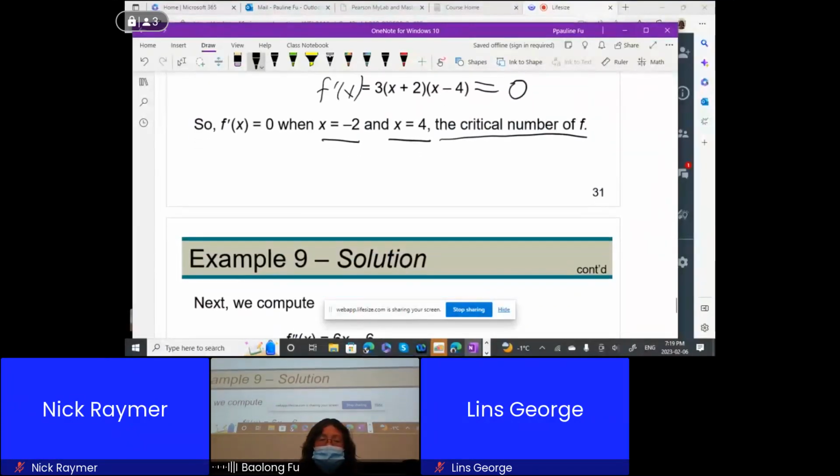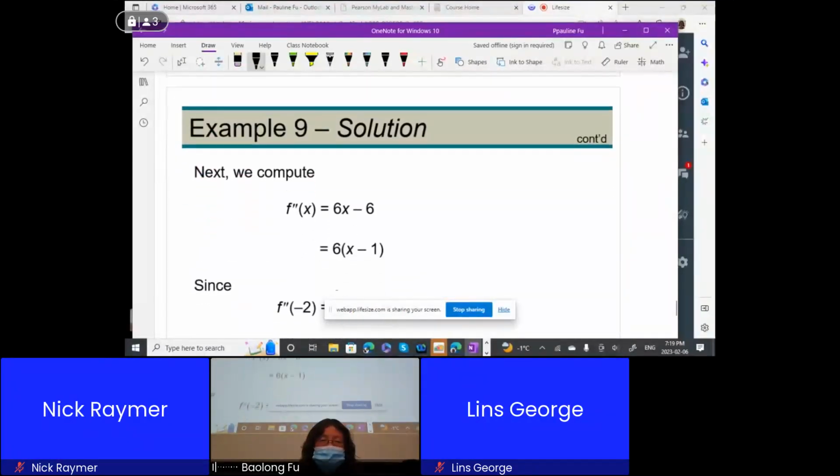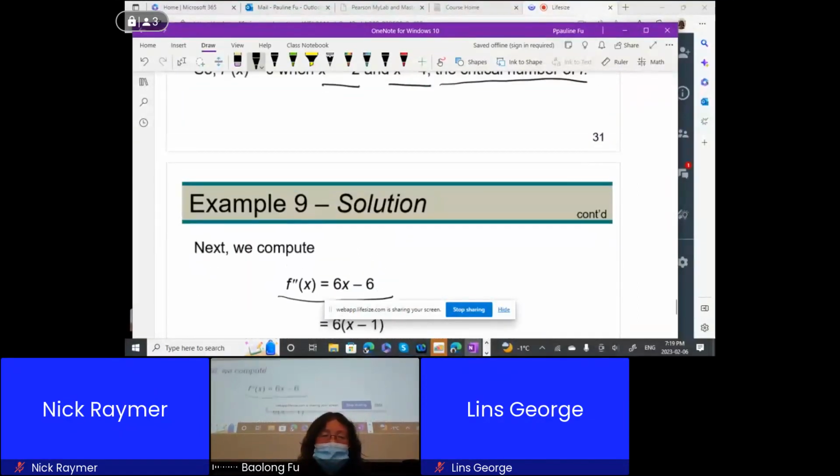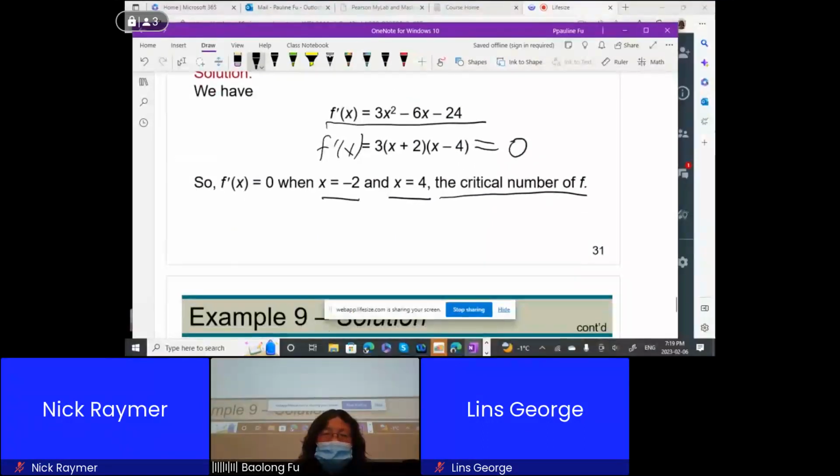Once we have found the critical numbers, so what? We need to find the second derivative. Remember what the first derivative is? This is the first derivative, so the second derivative would be 6x minus 6.